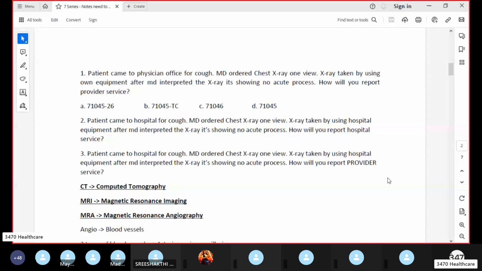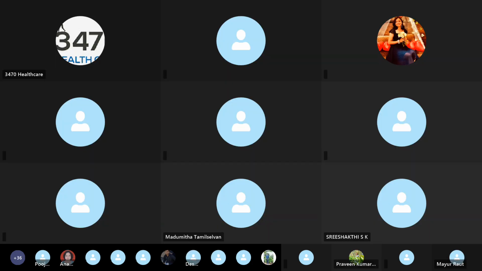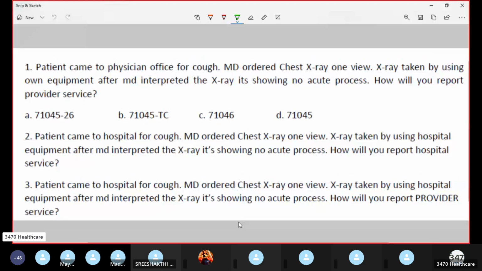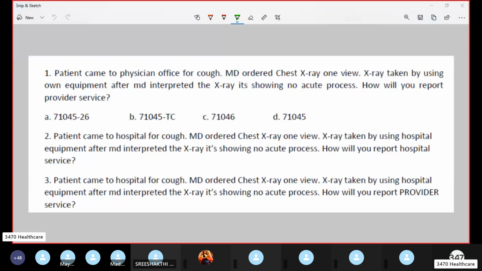For these 3 questions, what modifier will you use? Please check and tell, for these 3 questions, what modifier? First one, what modifier? Second one, what code, what modifier?